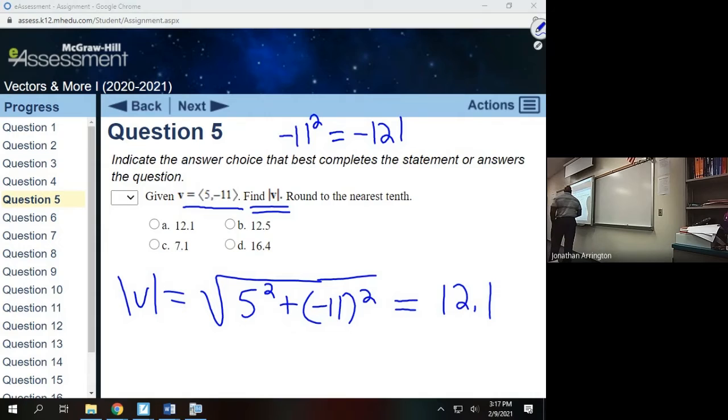It's going to read that as negative 121, meaning it's going to do 25 plus negative 121, which is negative 96. It's going to take the square root of negative 96, which isn't a real number, and it's going to say error, non-real answer. So you have to make sure when using a calculator that when I write a negative number squared, I write it like that. Now, let me demonstrate.